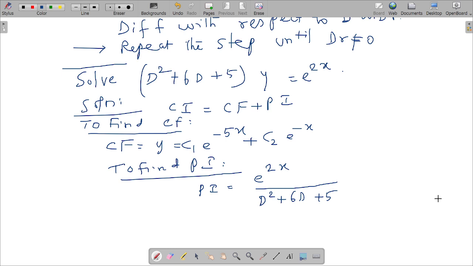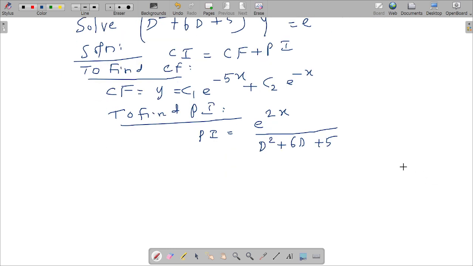Even those who attended the class yesterday, please write the notes, because these are new problems. Yesterday I didn't solve this problem. Substituting d equal to 2 in the denominator. How do we take d equal to 2 here?